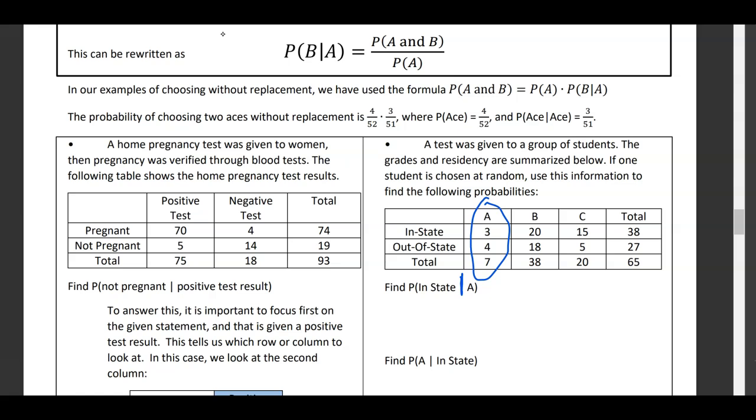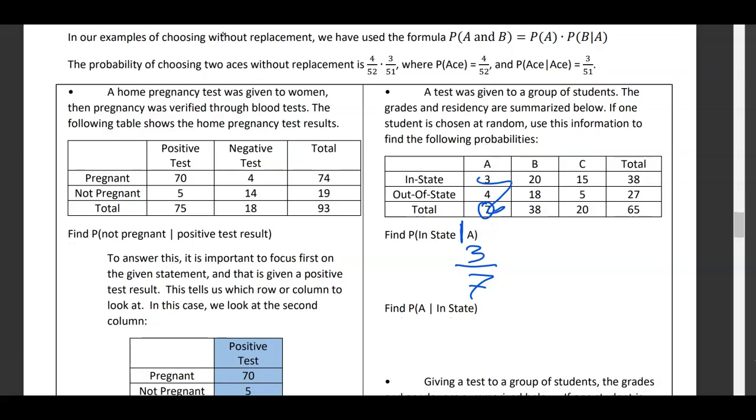So we're only looking at those numbers for this conditional probability. What's the probability of in-state? 3 at a grand total 7. We don't look at the overall grand total of 65 because we're not in that population. The given stuff, given an A, tells us which population we're actually in. So just limit yourself to that row or column, depending on the situation, and then these are basic probabilities.